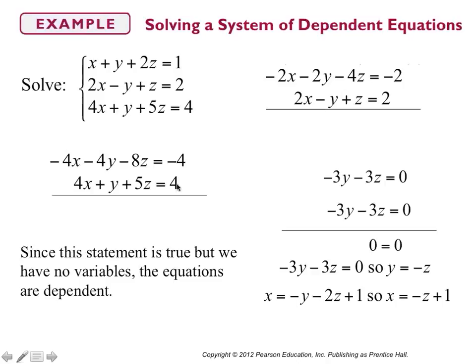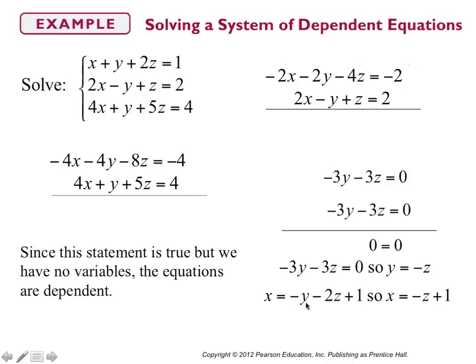In this case, we'll use our first equation. So if you take our first equation and we solve for x, we're going to have x equals -y minus 2z plus 1, by subtracting y and subtracting 2z from both sides. Since we know that y is equal to -z, we're going to plug -z in everywhere we see a y.